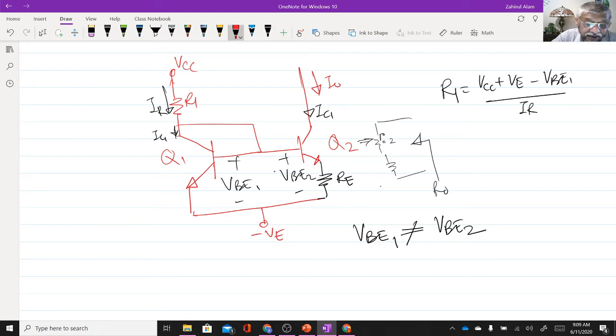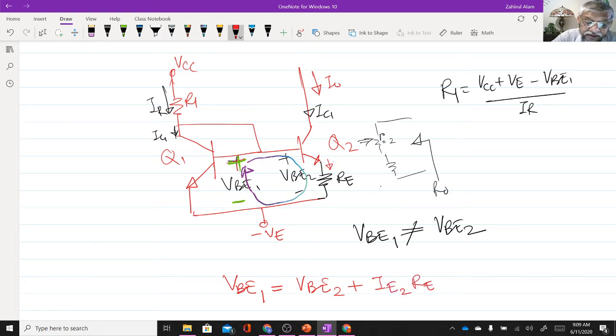Now let us see what is the VBE1. So if we apply KVL around this closed loop, then we can write VBE1 equal to VBE2 plus IE2 RE.